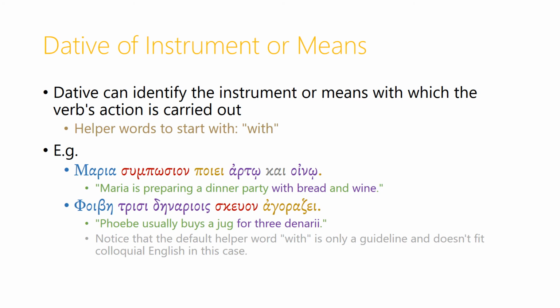Or phoebe trisi denarios skuon agoradze. Phoebe usually buys a jug, trisi denarios, for 3 denarii.